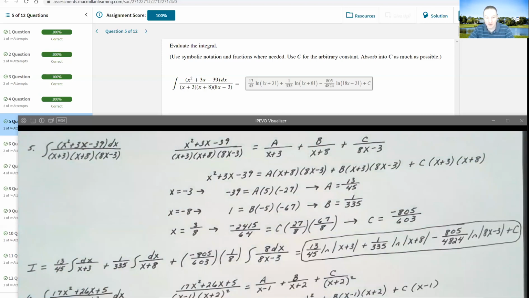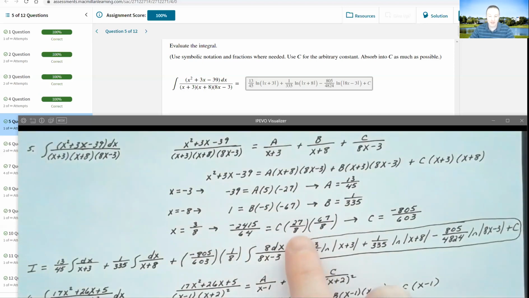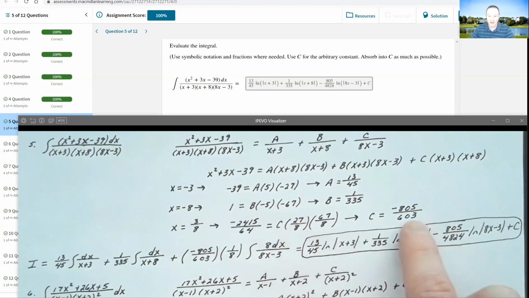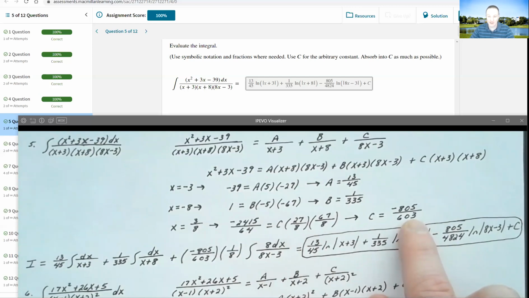I said c is going to equal negative 2,415 over 64 times 8 over 67 times 8 over 27. And that simplified down to the fraction, I used my calculator, of course, negative 805 over 63. So now I have a, b, and c solved for.